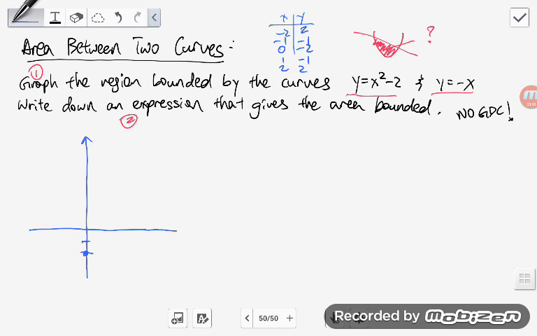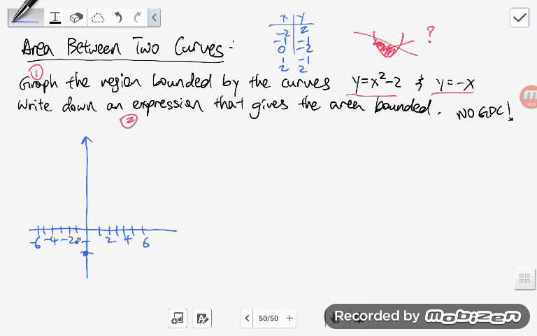Okay, so here it is. Now I'm going to put these points on my graph. So 1, 2, 3, 4. This is -2, -4. So I have the point at -2, 2, and -1, -1.